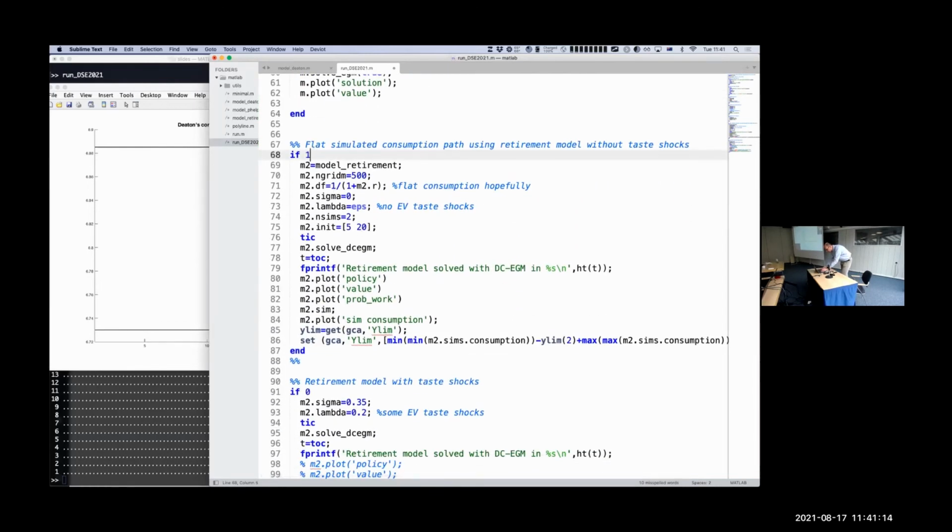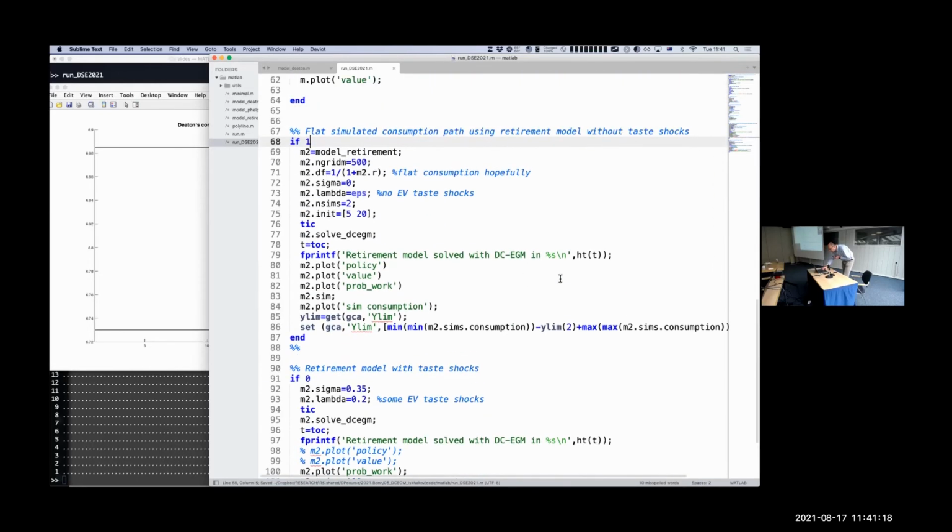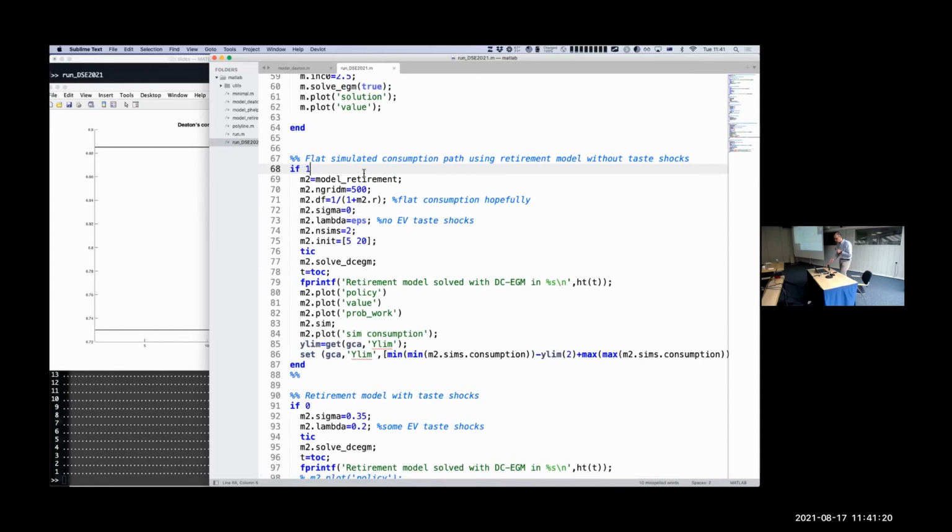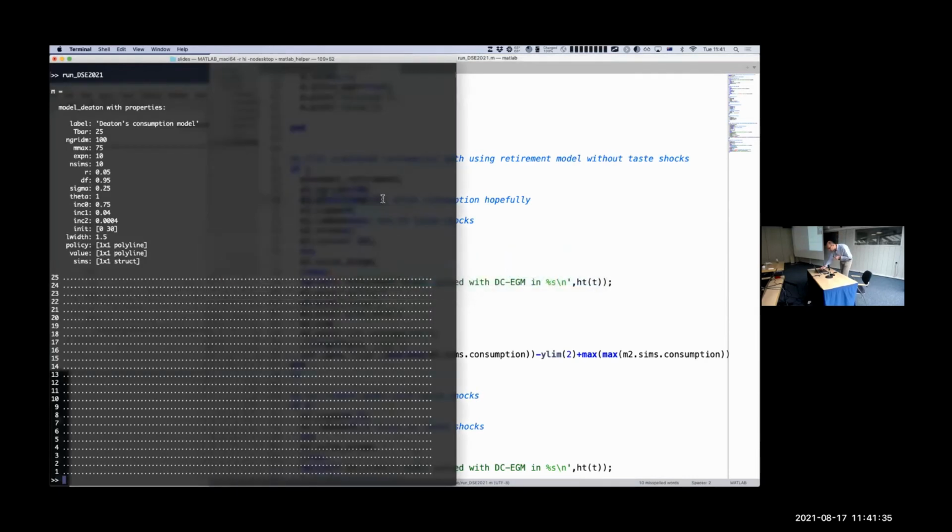Right, so here I'm setting up the model for retirement savings without the shocks, right? Without any stochasticity. It's completely deterministic model, and I have this correspondence between beta and return, so that we have the case where we expect flat consumption profiles.